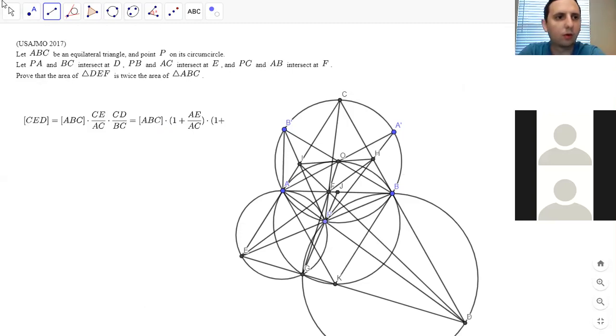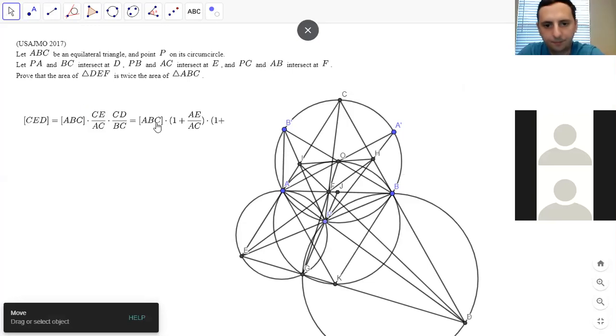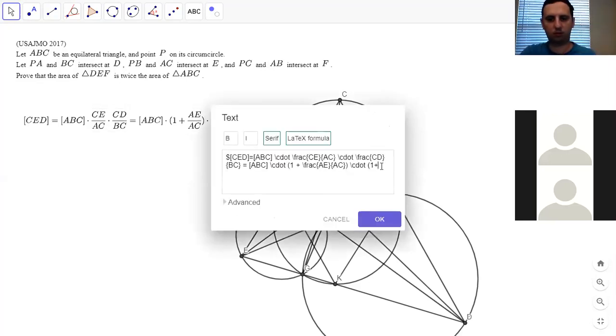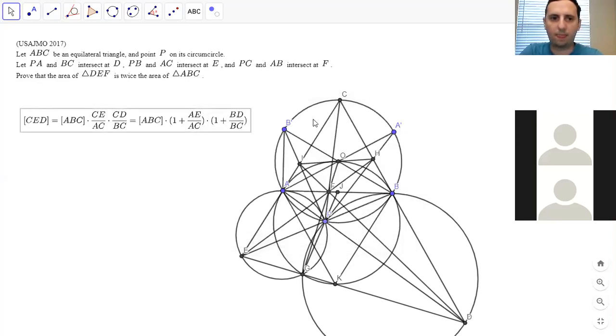All right, so CD over BC is 1 plus BD over BC. And we know these two ratios.